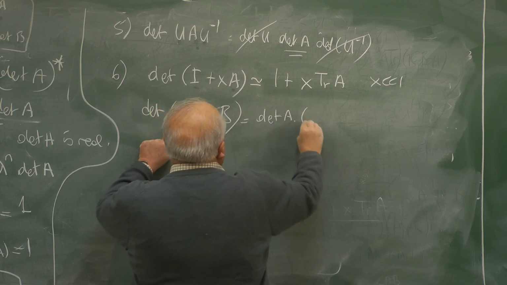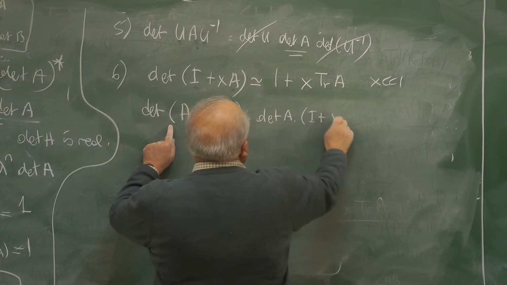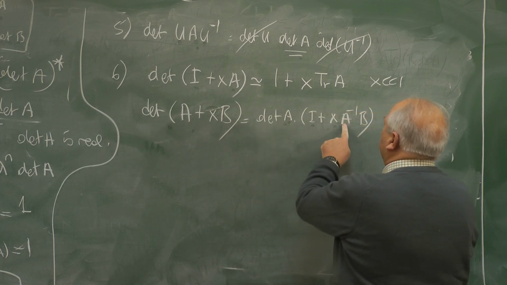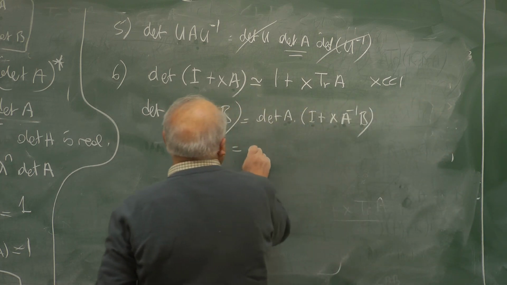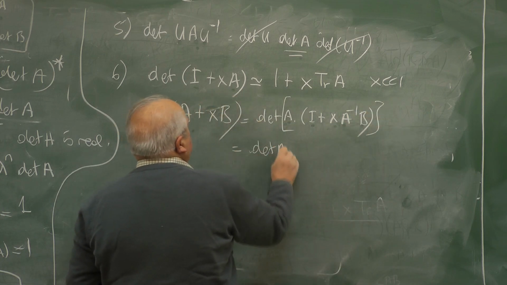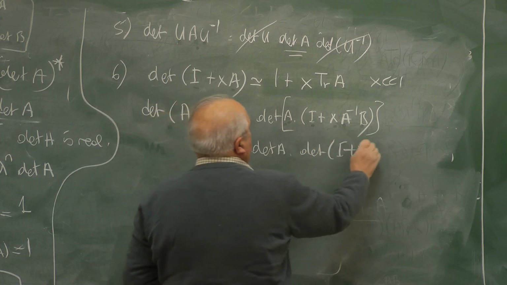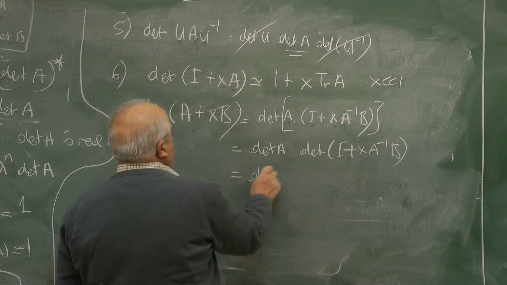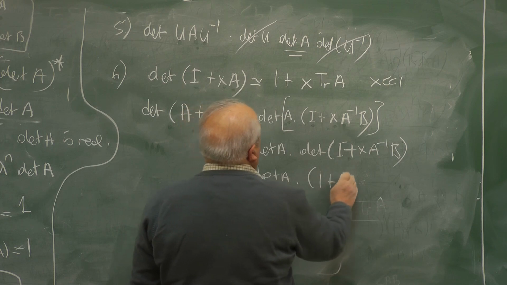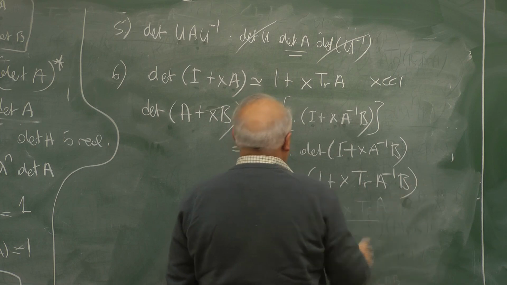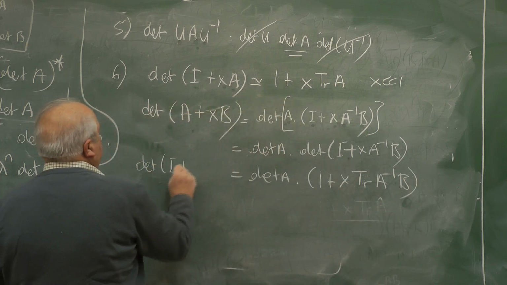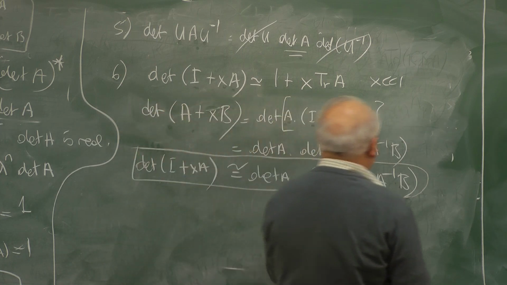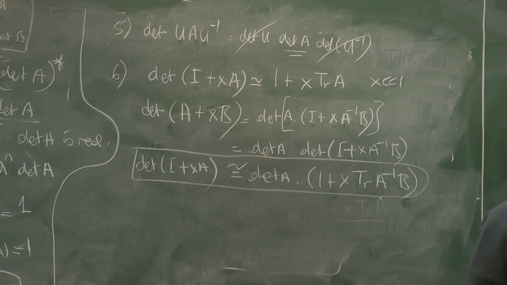This is determinant A times determinant of I plus x A inverse B. So in terms of matrices, A plus xB is A times the unit matrix plus x A inverse B. So this is determinant A times determinant of I plus x A inverse B. But we just computed upstairs, so it is determinant A times 1 plus x trace of A inverse B. So this is the approximation to determinant of A plus xB, to order x squared.